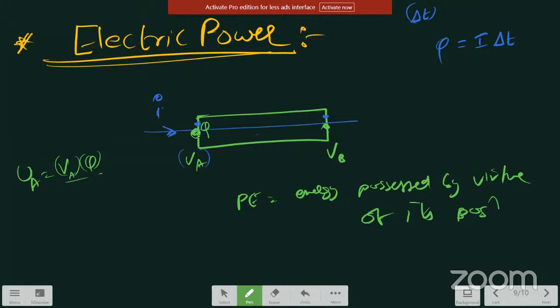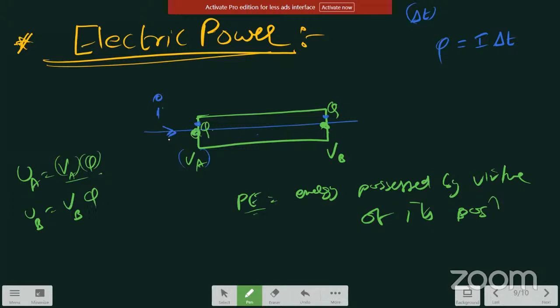By virtue of its position, it has gained this much energy, which is called potential energy, and this is Va into Q, where Va is the potential at that point. Similarly, if it reaches here, its energy will be UB equal to VB into Q.